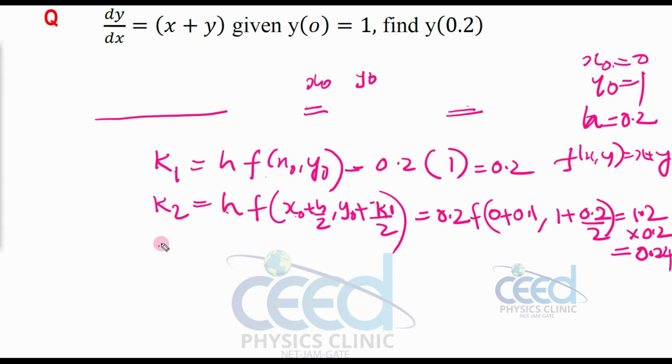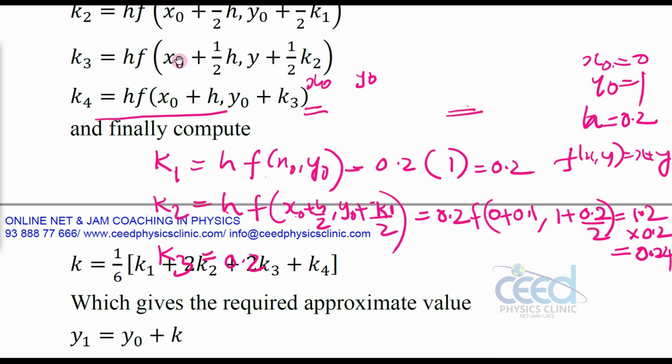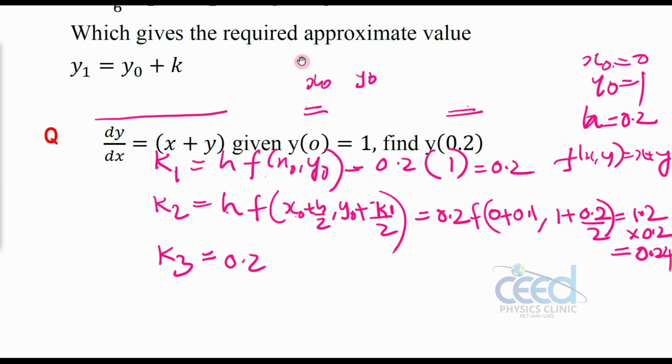So once I get k2, what is k3? k3 is equal to 0.2 into f of x0 plus h by 2, y0 plus k2 by 2 again. What is x0 plus h by 2?